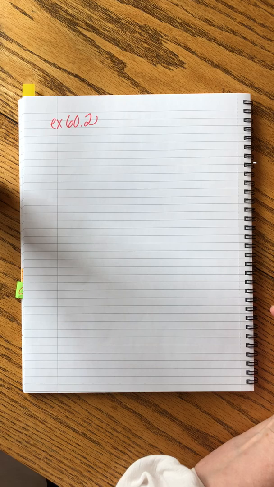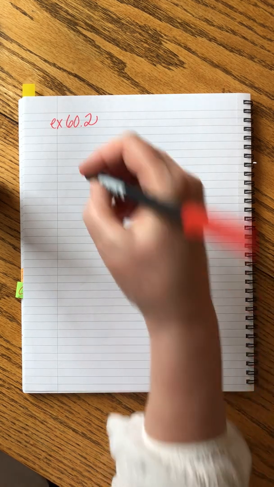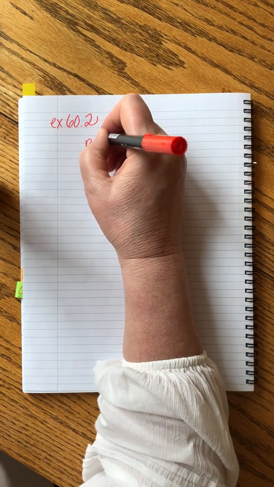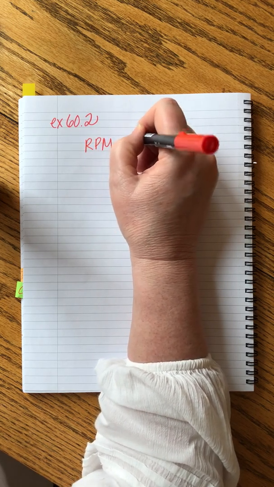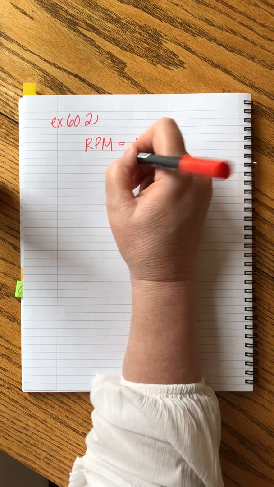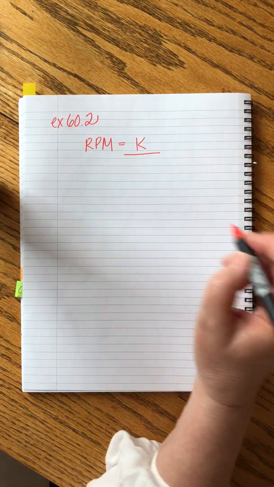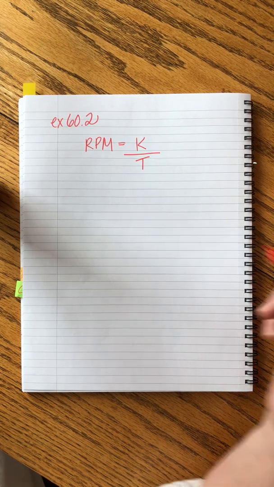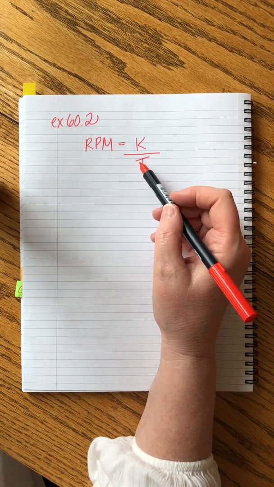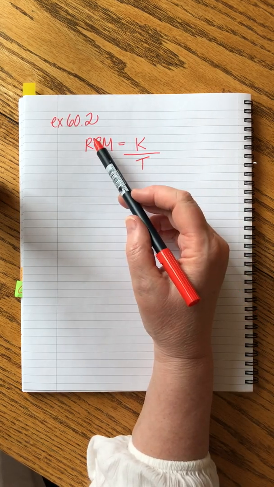So it says the number of revolutions per minute. So I'm going to write RPM, revolutions per minute, varies inversely. I can set that up as the number of teeth in the gear. The more teeth you have, the slower the revolutions per minute.